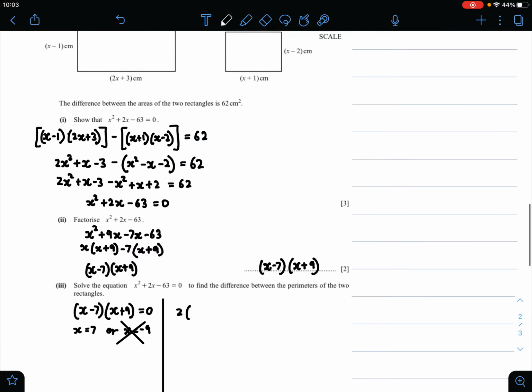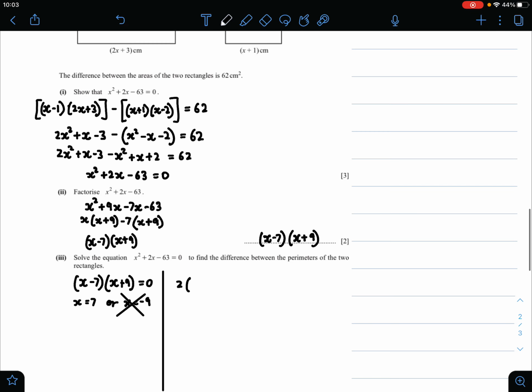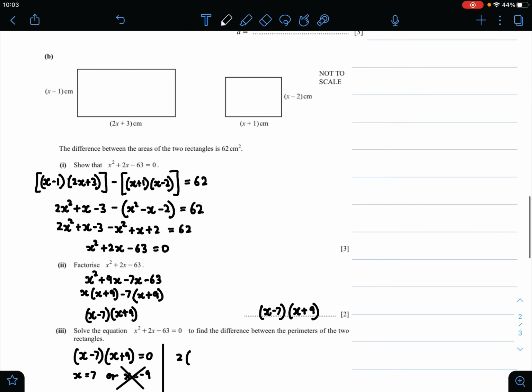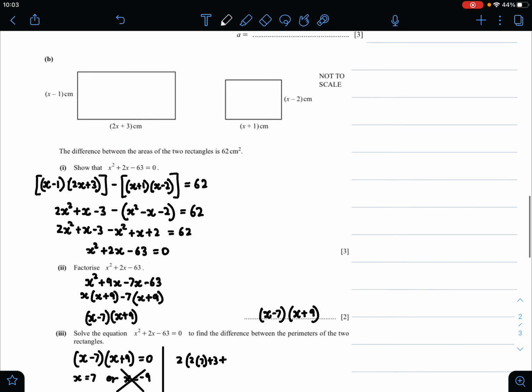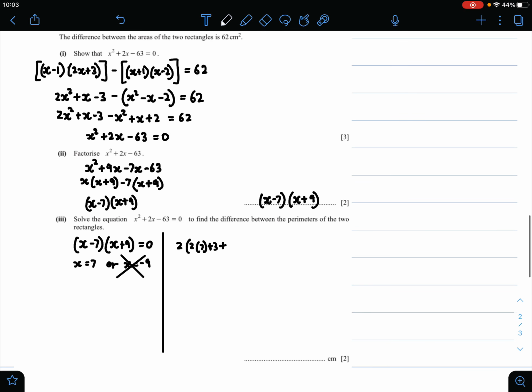So for the first case, the length is 2x plus 3. For the bigger rectangle, it's 2x plus 3. So 2 times 7 plus 3 plus the breadth, that is x minus 1, so it will be 7 minus 1.